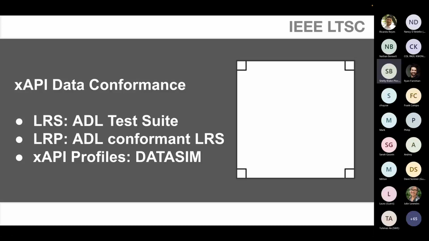In terms of xAPI data conformance itself, because an xAPI ecosystem relies on data validation, xAPI data conformance comes into the security stance. And the common way to think about this is that a learning record store has to be established as having passed the ADL test suite for LRSs.